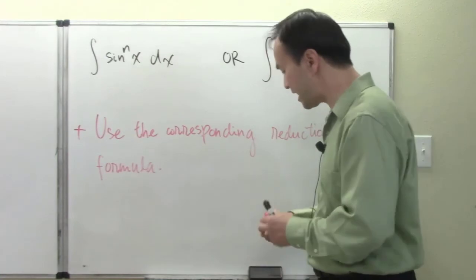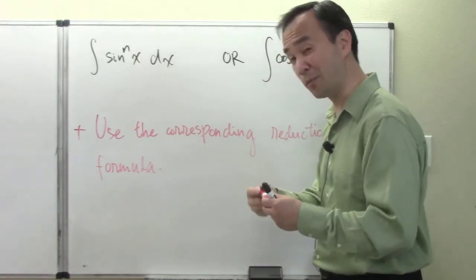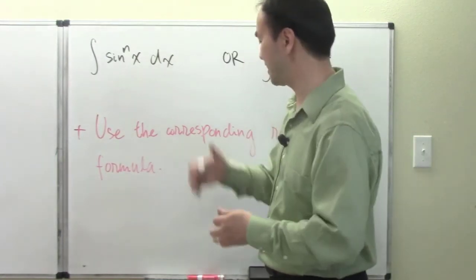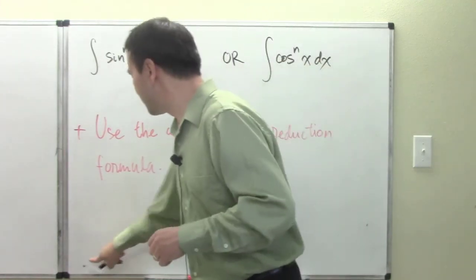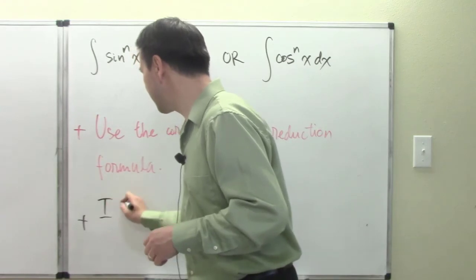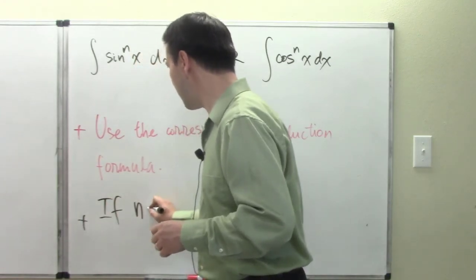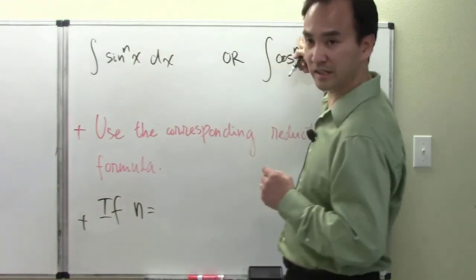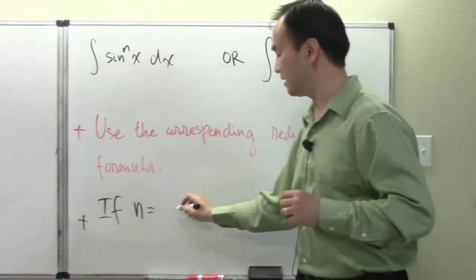But now, as the next bullet point, in a special case, that's if n, the power here, is an odd number.